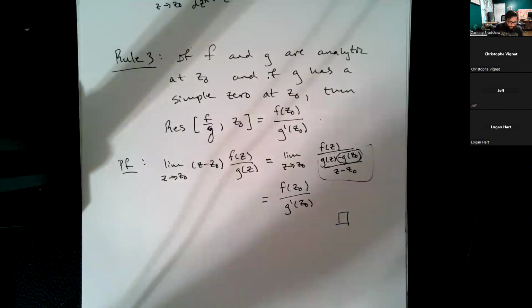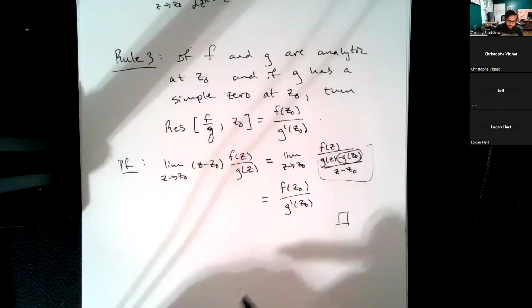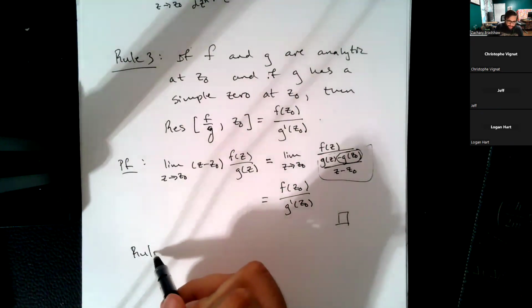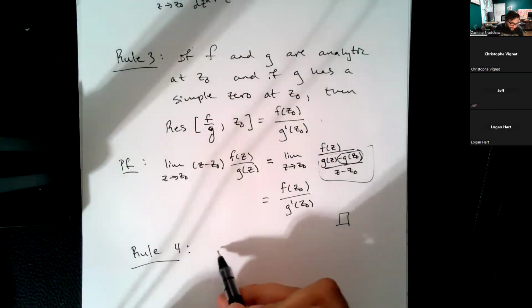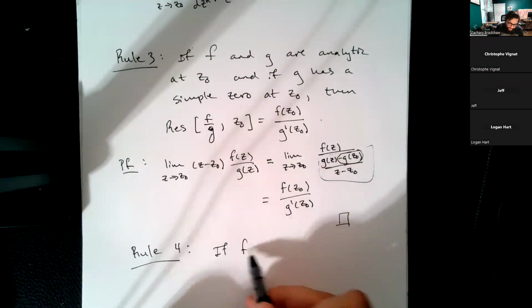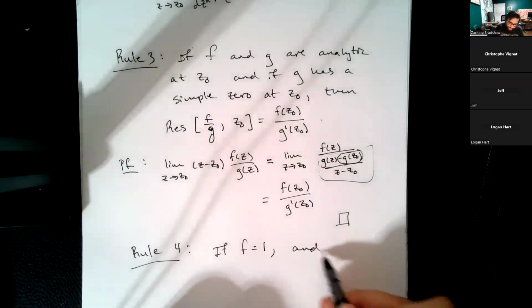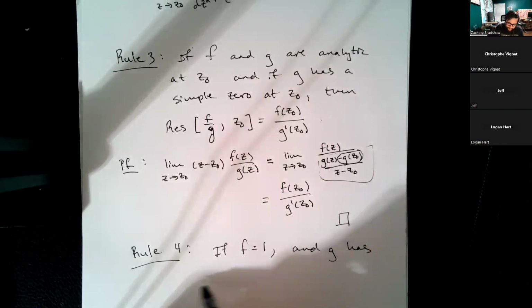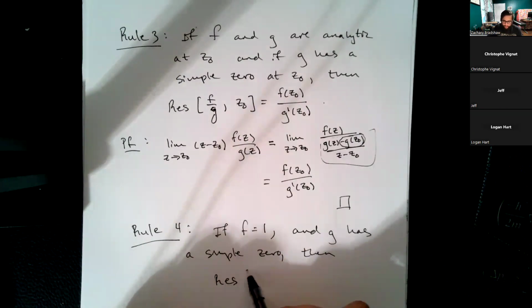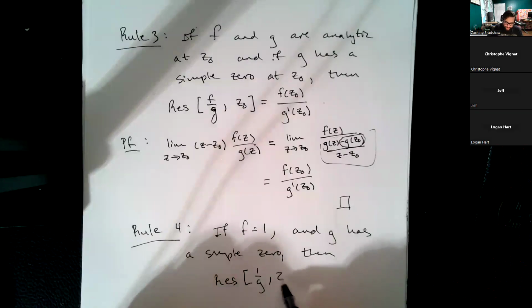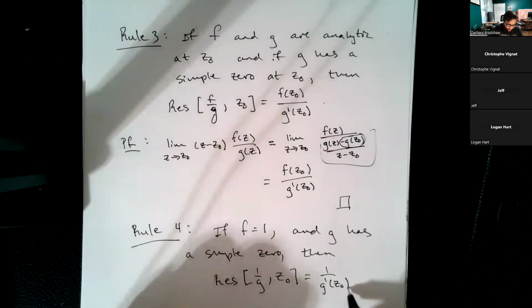Okay, and then rule 4 is just a corollary of rule 3, but it happens frequently enough that we mention it. So if f equals 1 and g has a simple 0, then we have the nice formula: residue of 1 over g at z0 is equal to 1 over g prime of z0.